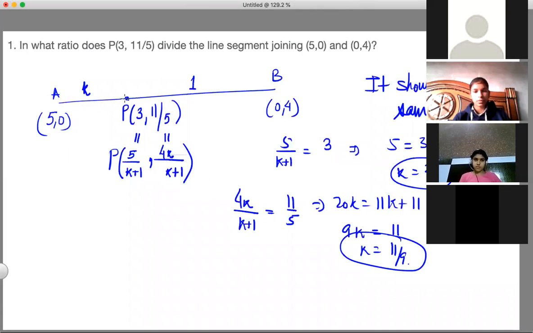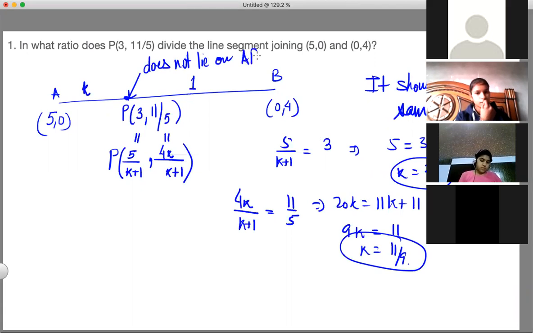The problem is that P does not lie on AB. AB पर P नहीं है, P कहीं और है, जैसे यहां है. और ये जो हम फॉर्मूला यूज करते हैं ये तो तभी एप्लीकेबल है जब कि पॉइंट सेगमेंट पर लाई करता हो या फिर सेगमेंट के एक्सटेंशन पर लाई करता हो. एक्सटेंशन पे भी लाई करेगा तो भी आ जाएगा, बस फर्क ये होगा कि नेगेटिव रेशियो आएगी, राइट?